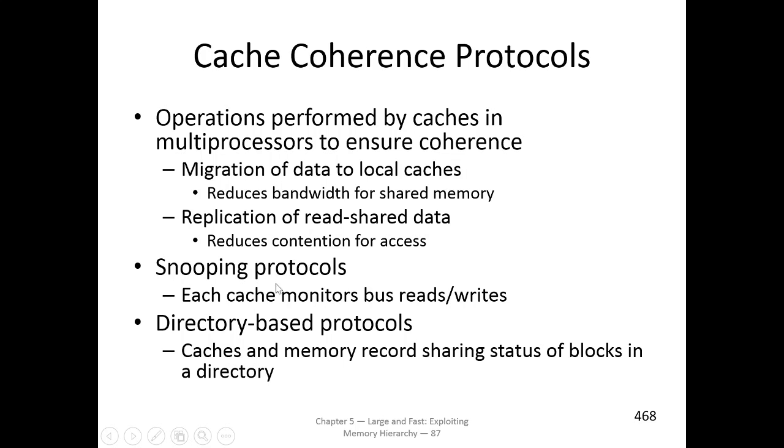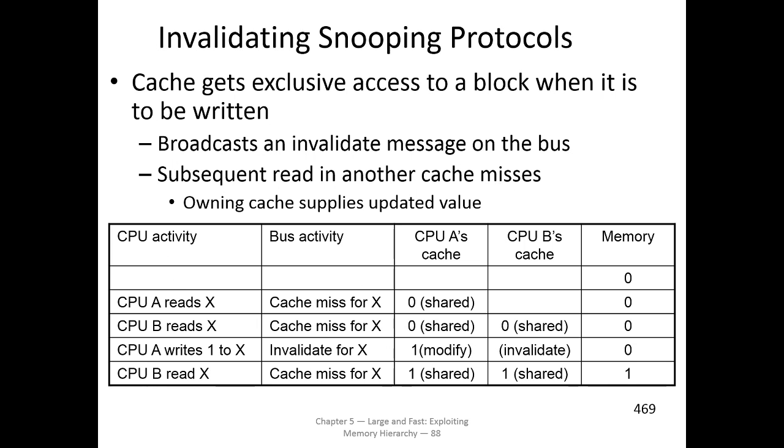Snooping protocols: each cache monitors the bus reads and writes, so they're all in the loop, so to speak. Directory-based protocols: cache and memory record the sharing status of blocks in a directory, so it's almost like a status bank saying who's written what. So cache coherence is something we have to deal with when we have multiple CPU cores.